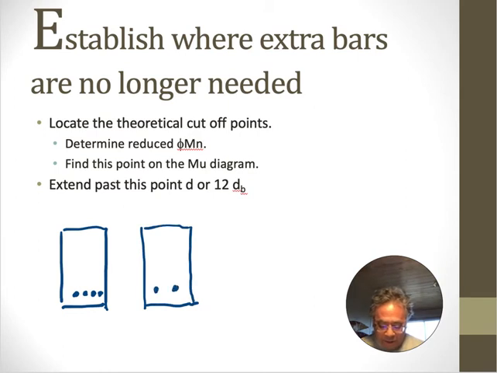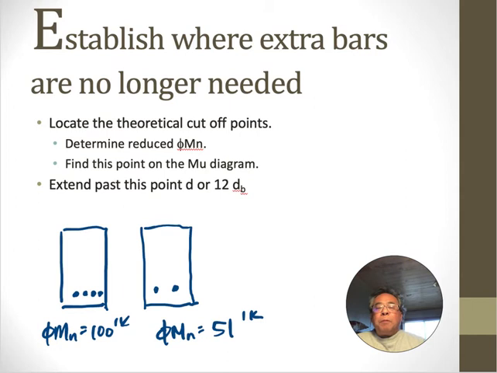I'm just going to make up some numbers. Let's say phi Mn was 100 foot kips, and then phi Mn here was like 51 foot kips. When the moment diagram gets down to 51 foot kips and below, you could have only 2 bars. And so what you need to do is find where on your moment diagram this 51 foot kips would be.